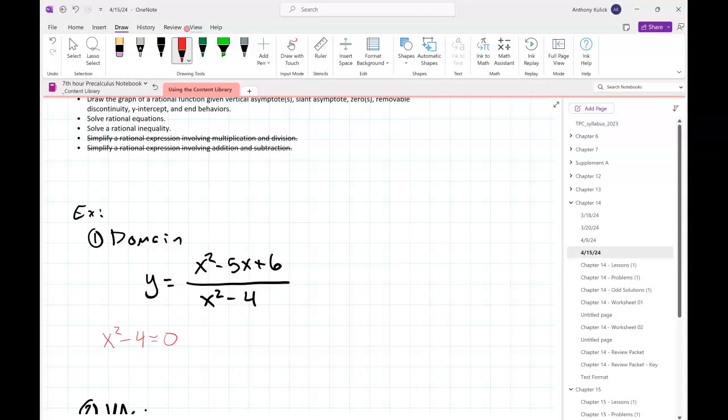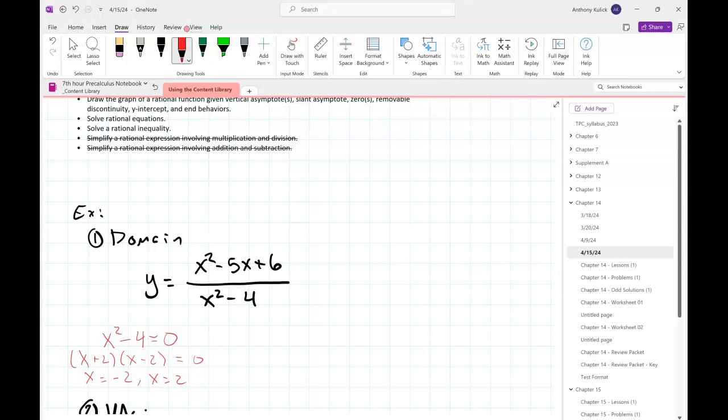If you factor, you can't forget it. So let's factor. How does x squared minus 4 factor? Great. So when we set each piece equal to 0, we get two solutions, 2 and negative 2, correct?